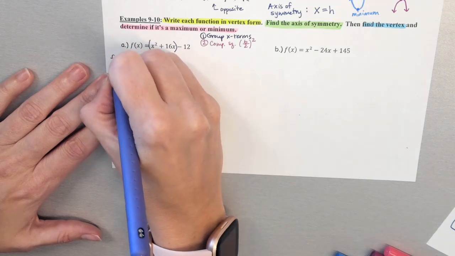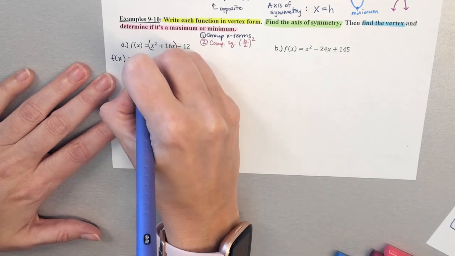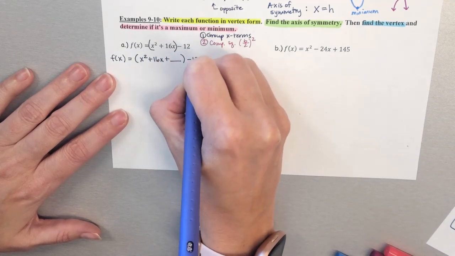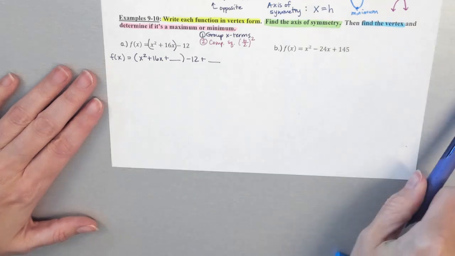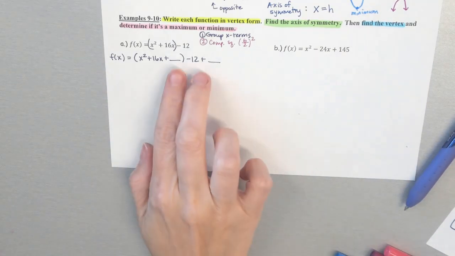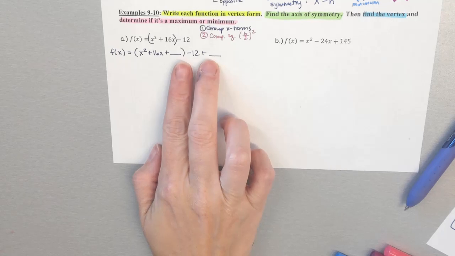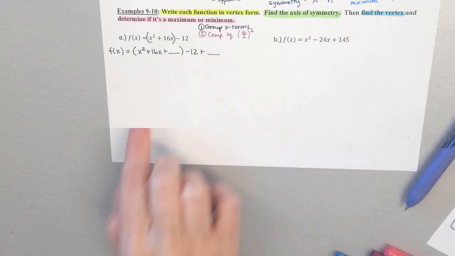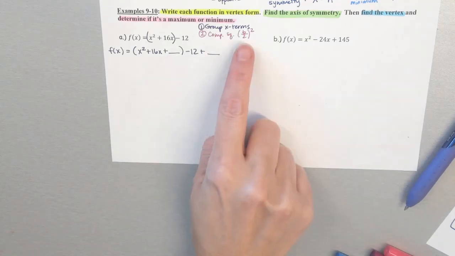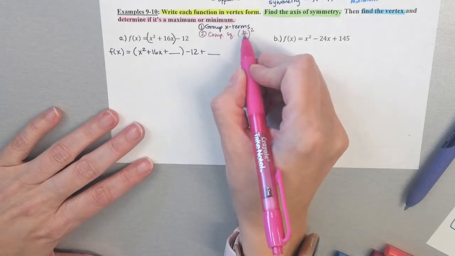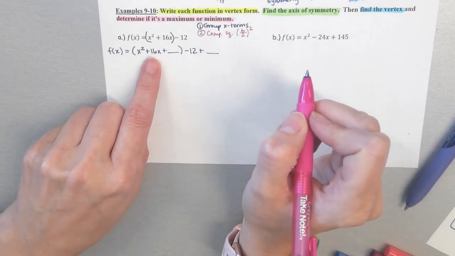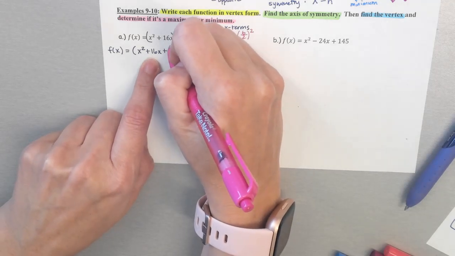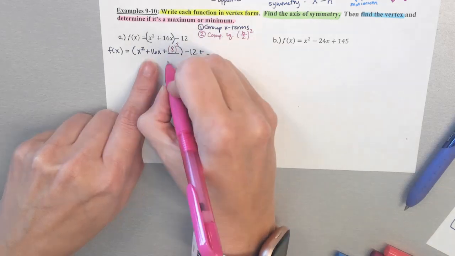When you are completing the square, you are trying to make this a perfect square trinomial. So we're going to have blanks inside the trinomial and then on the outside here. We're going to fill this in just like we have been doing. So if I do b divided by 2, 16 divided by 2 is what? 8.